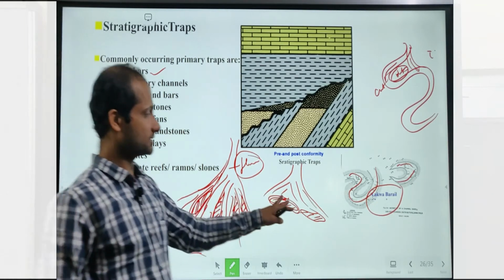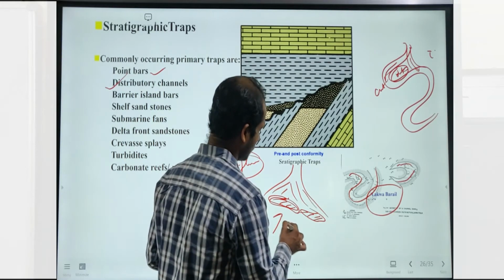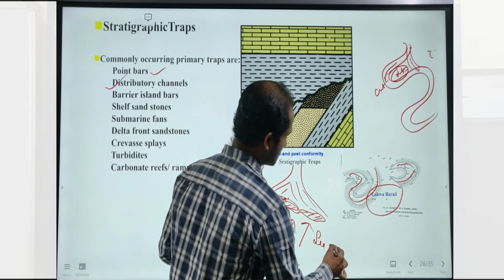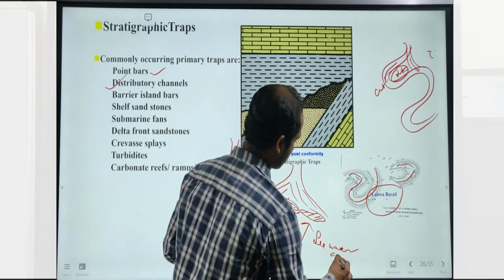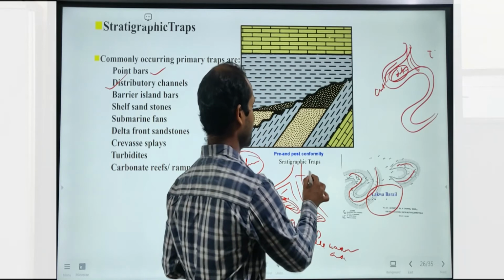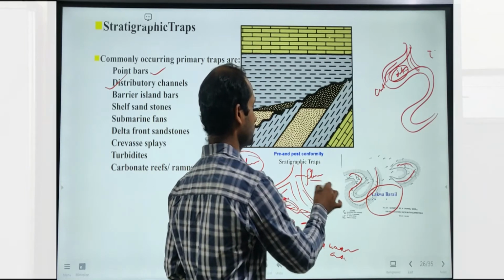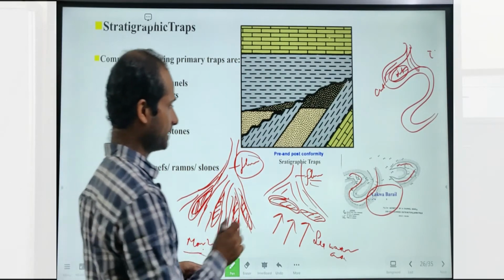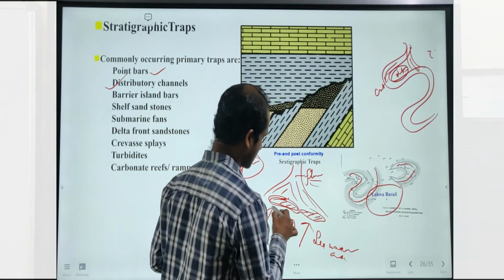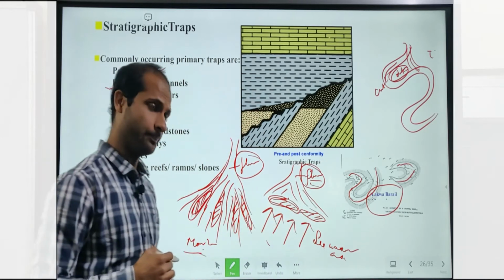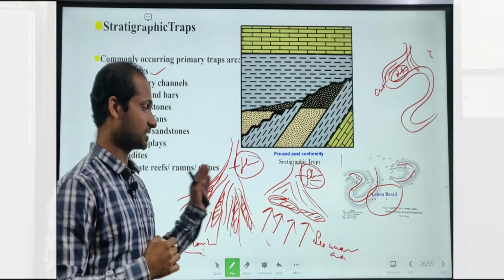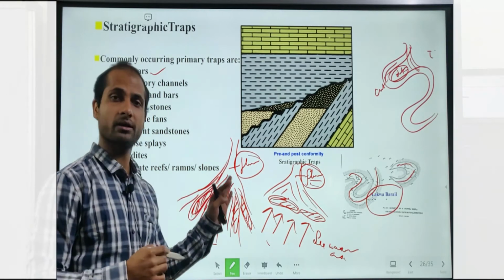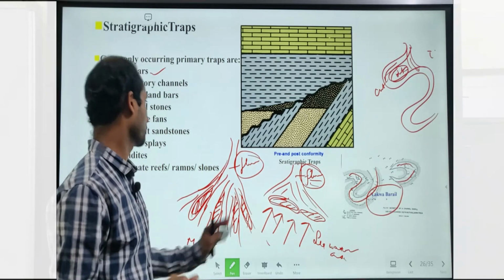And we find the other kind where the marine influence or sea water currents are very high as compared to the fluvial system. For example, on the western coast of India, where sea water currents are higher than the fluvial currents, we get transverse bars, whereas on our eastern coast of India we get longitudinal bars.